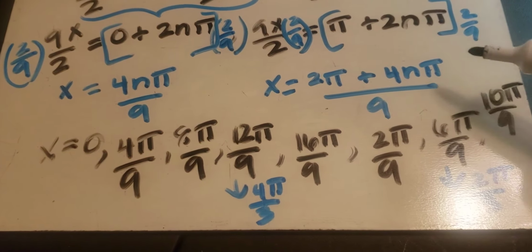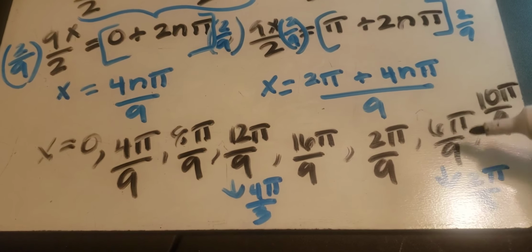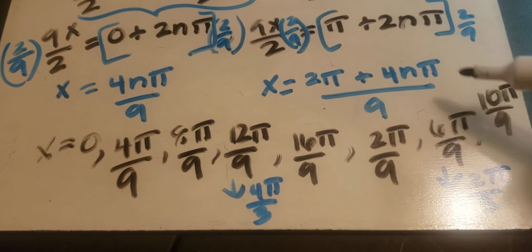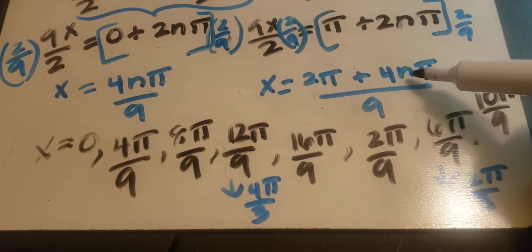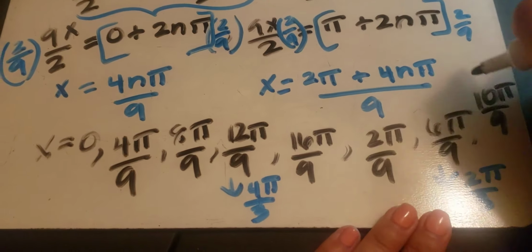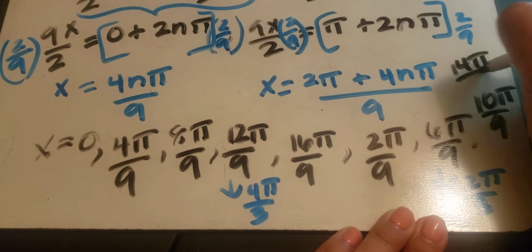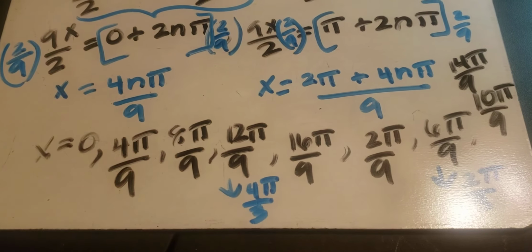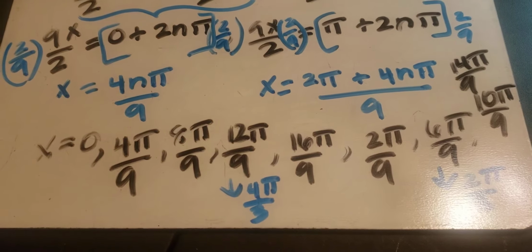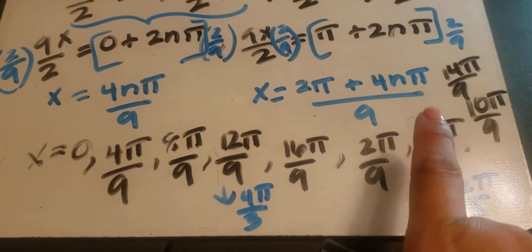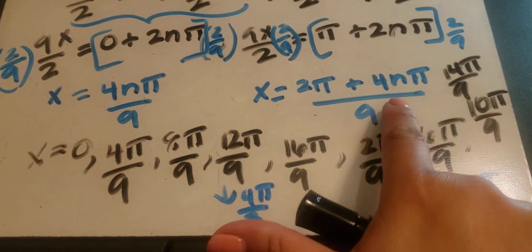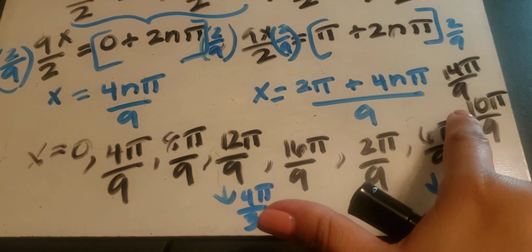So this was 0, 1, 2, and then if n is 3, we're going to have 3 times 4, so that's 12 pi plus 2 pi, 14 pi over 9. I'm running out of room, so let me grab my second whiteboard. So when n is 3, we have 14 pi over 9.